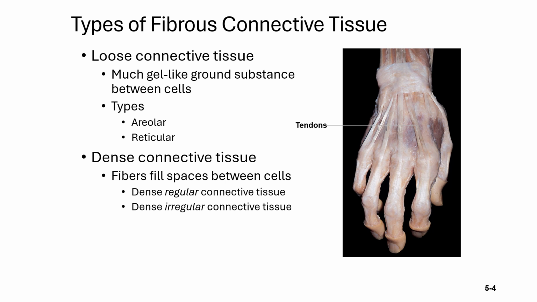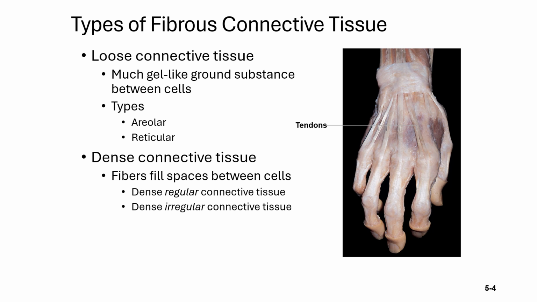So first, let's look at the fibrous connective tissue. Fibrous connective tissue is divided into two broad categories depending on the relative abundance of fibers. So the loose fibrous connective tissue has fewer fibers and more ground substance.